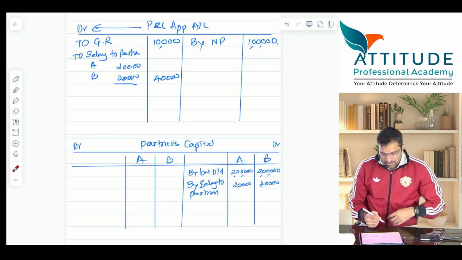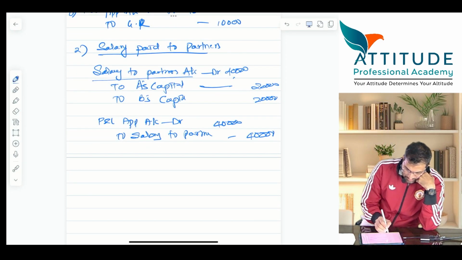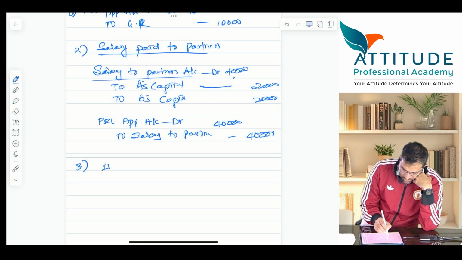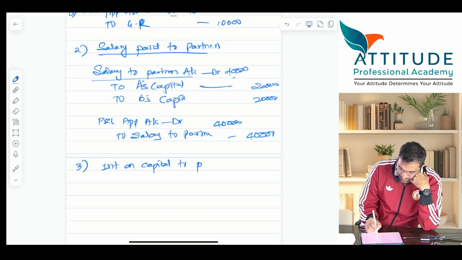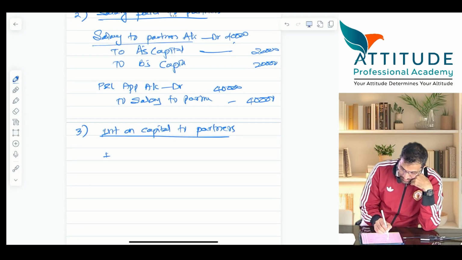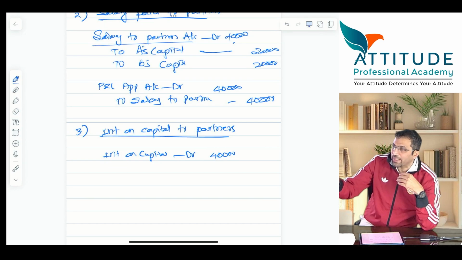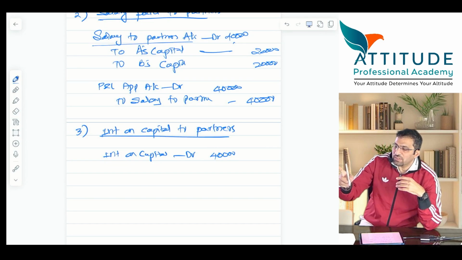Understood? Now answer this. इधर आ जाओ. Third, interest on capital. Interest on capital to partners. Tell me, entry. बोलिए, interest on capital to partners. Same like salary. हाँ. Interest on capital account debit. It's an expense for the firm. 40,000. That is total is 2 lakhs opening capital. 10% will be 20,000.